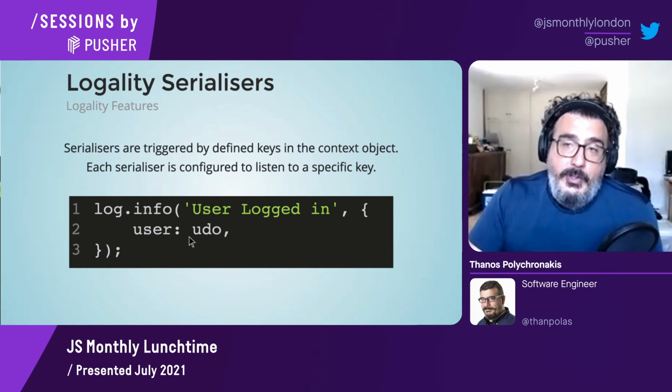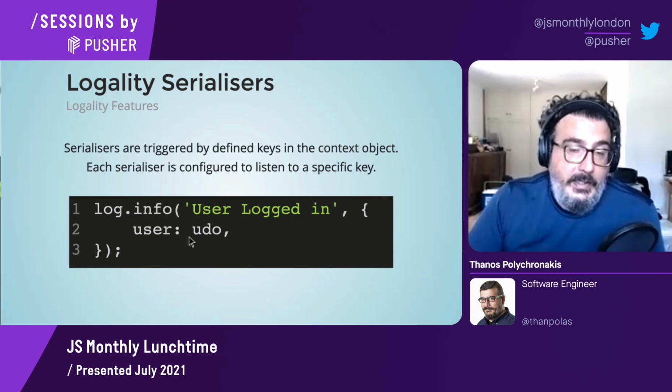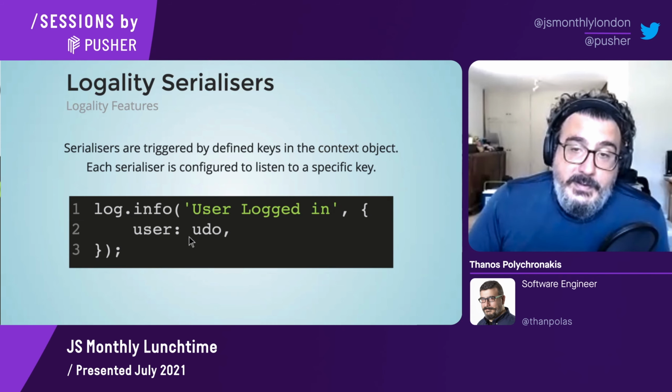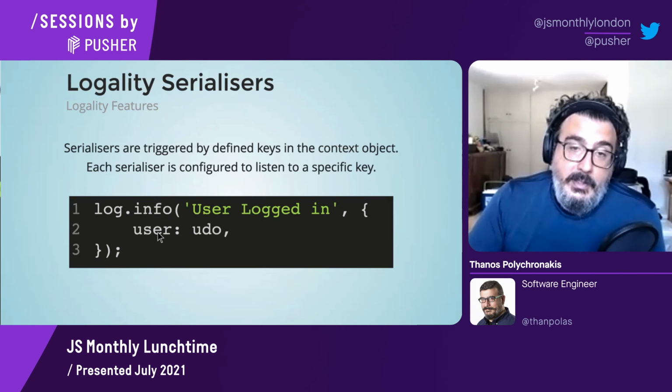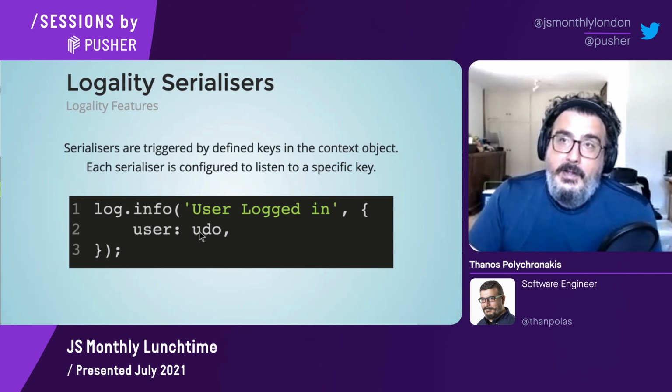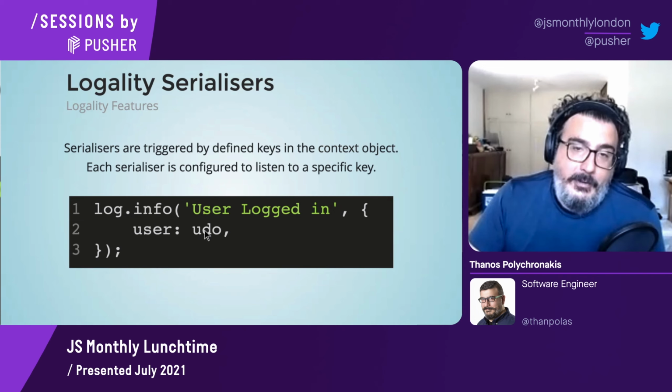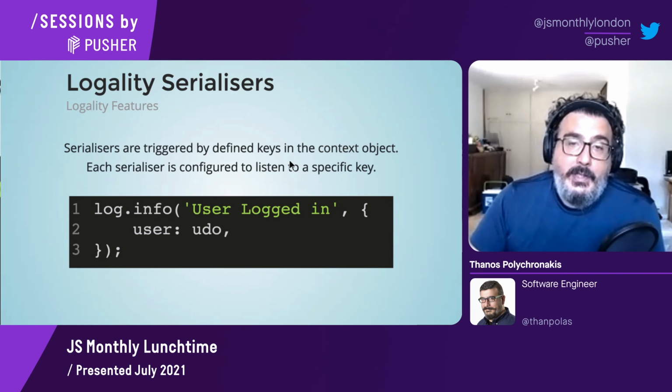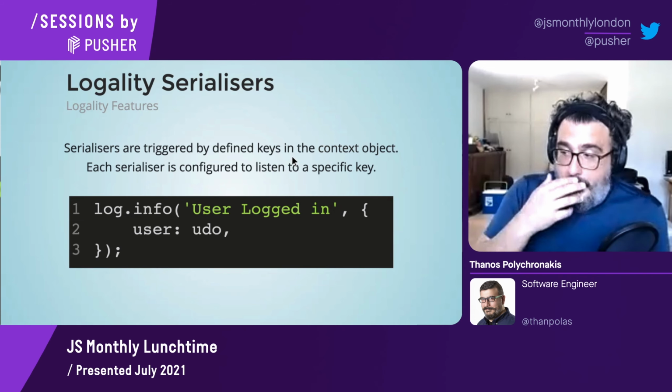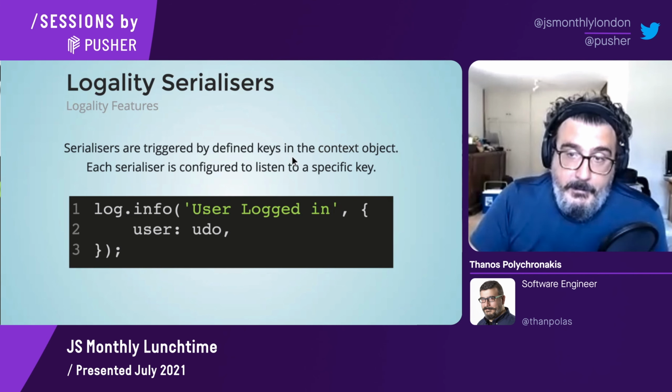And here is where serializers kick in. What serializers do is they look for a specific key, like the user key, and then they take the value of that key, which is the UDO in this instance, initials for user data object, and serialize it in a way that makes sense for logging.